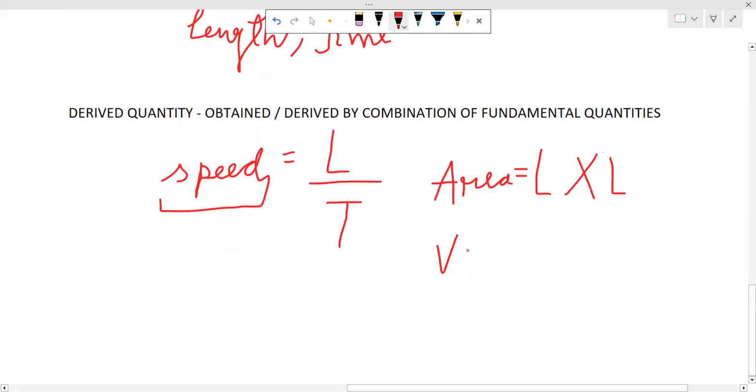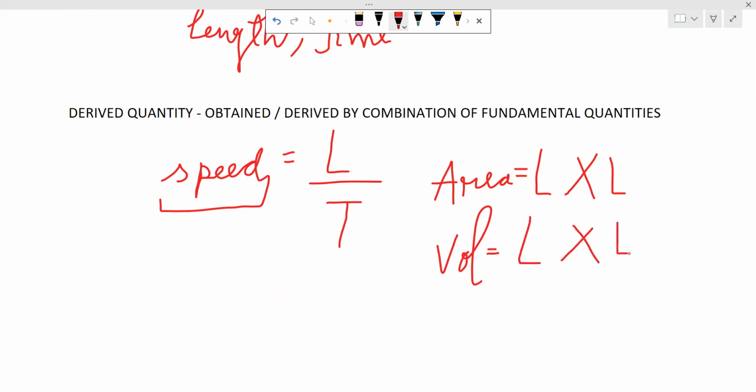Volume. Volume is also a derived quantity. How? Length into area, that is length into length into length. 3 बार लेंथ को मल्टीप्लाई करेंगे तो वॉल्यूम आएगा. Density is a derived quantity.